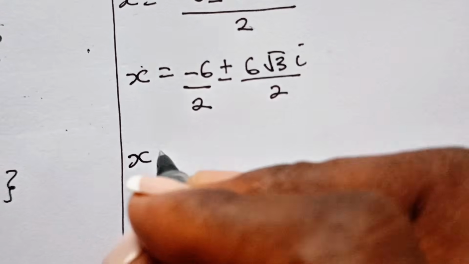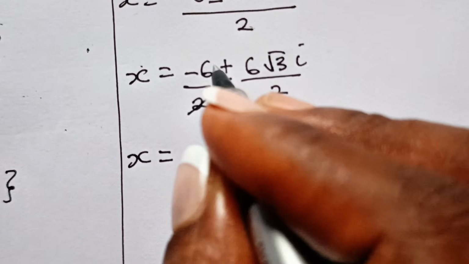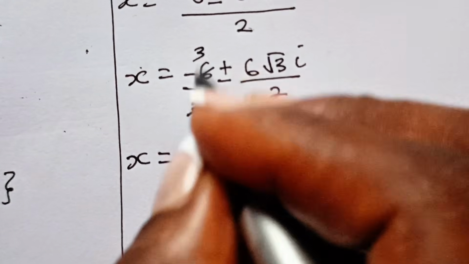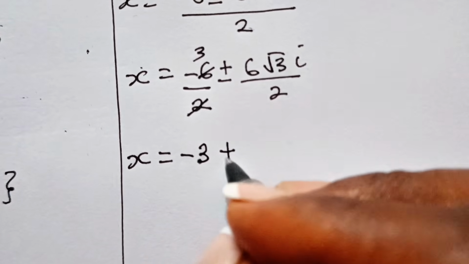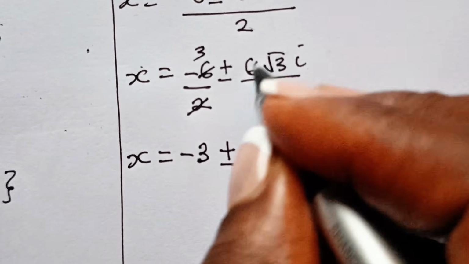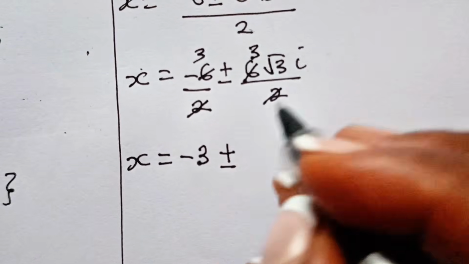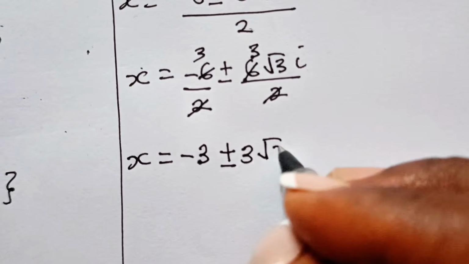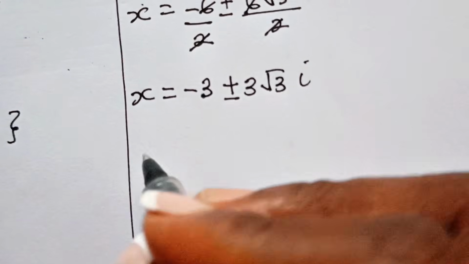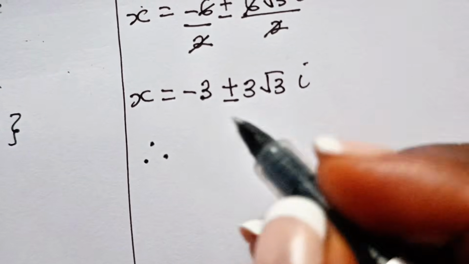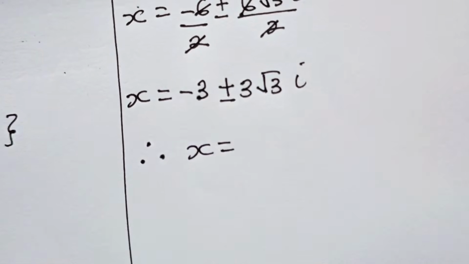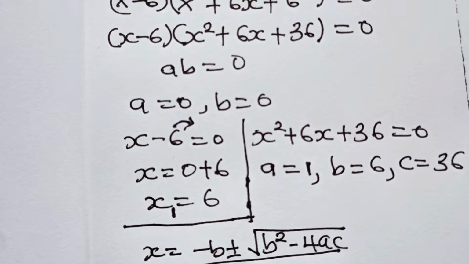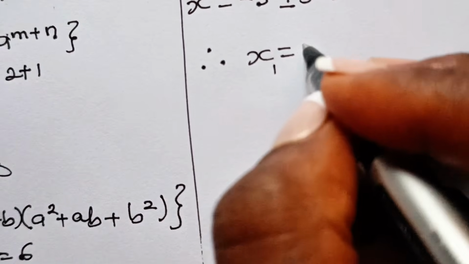So going further, we have x equals, when this divides this, we have negative 3. So we have negative 3 plus or minus, when this divides this, we have 3. So we have 3 root 3i. Therefore, we can say that the first value of x that we got is x equals 6.